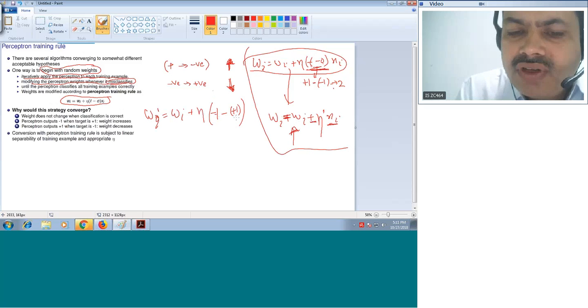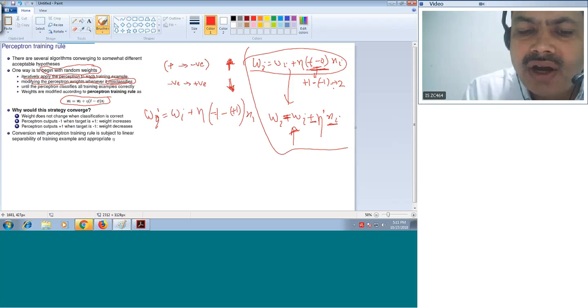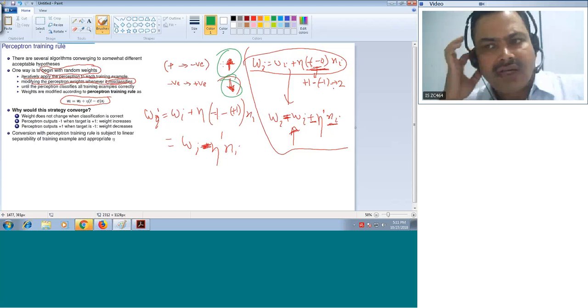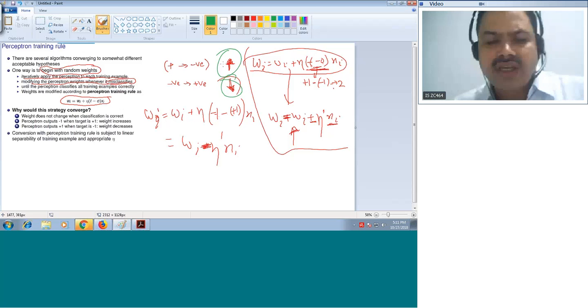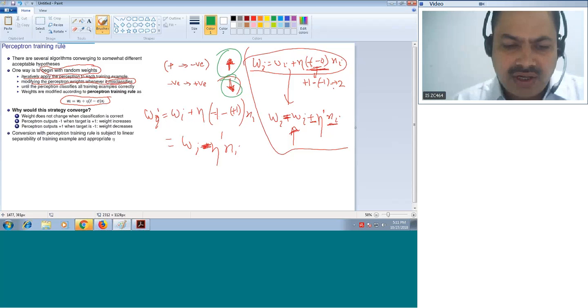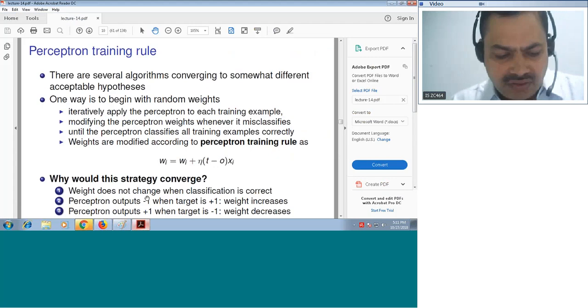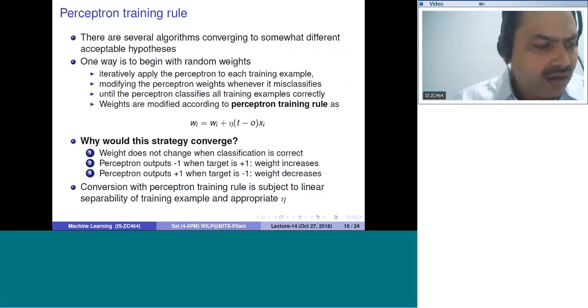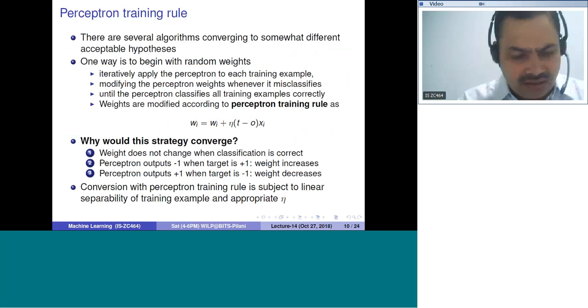Output is positive, plus 1. So you put it into xi. Because this becomes minus 2, it comes out to be a different formula, Wi plus eta dash xi with a negative sign. So you see that the thing is decreasing. Therefore this is the right formula to train. Can you see this? This is how you train. This is the way you are going to train. Hope this is very clear to all of you.